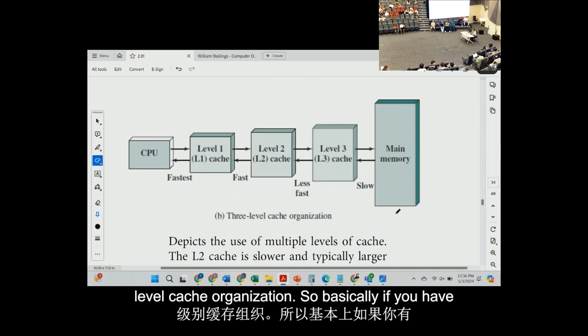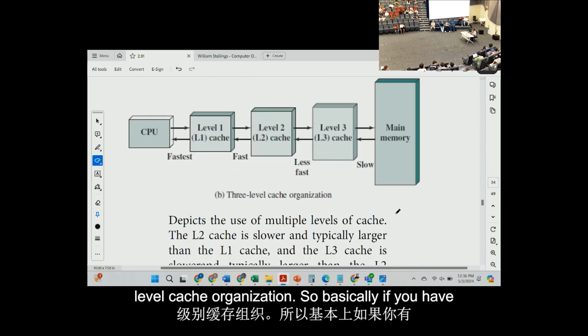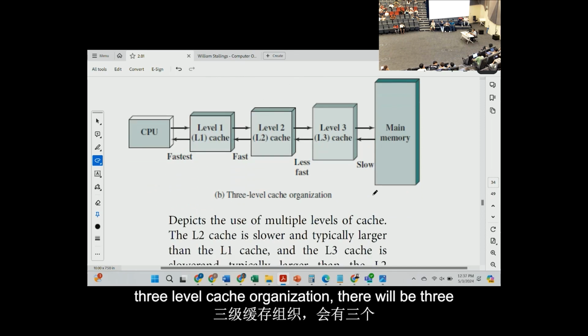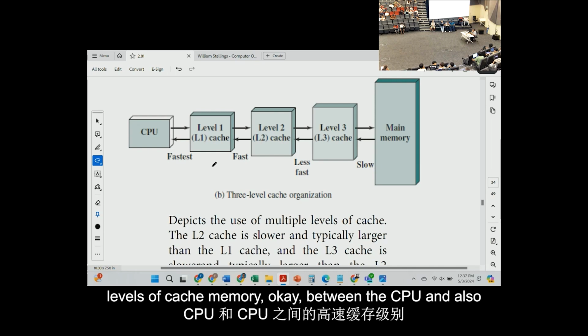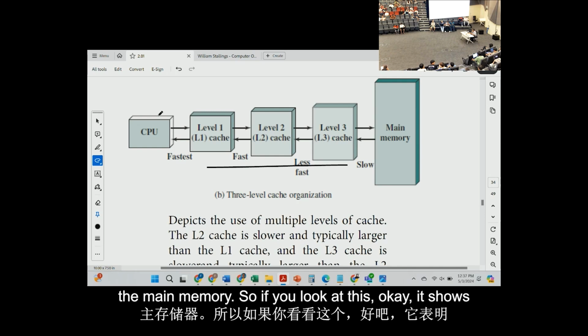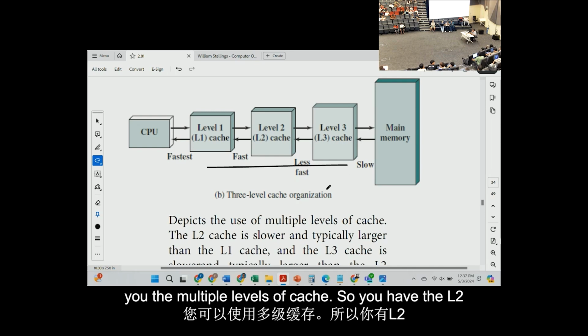And then you have a 3-level cache organization. Basically, there will be 3 levels of cache memory between the CPU and the main memory. If you look at this, it shows you the multiple levels of cache.